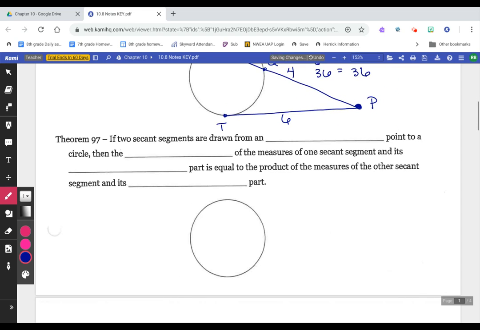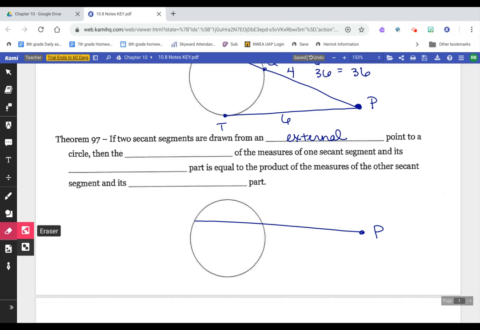Theorem 97 states that if two secant segments are drawn from an external point, so let's put an external point of P, and we have two secant segments. Okay, it's not very straight. Let's make this a little bit straighter.